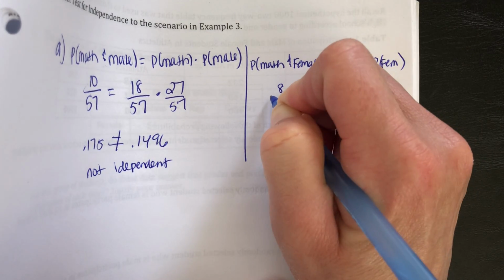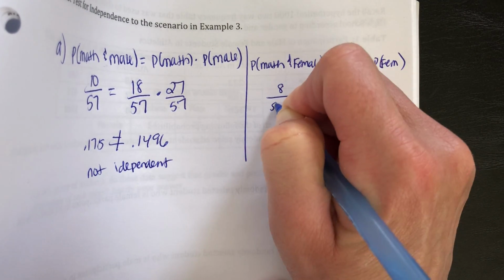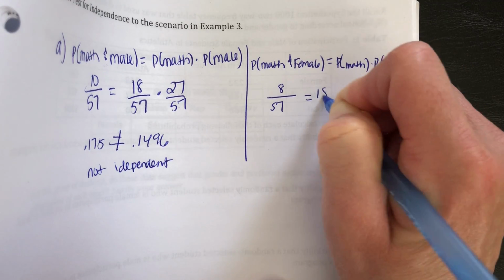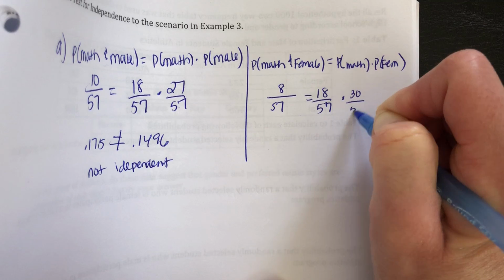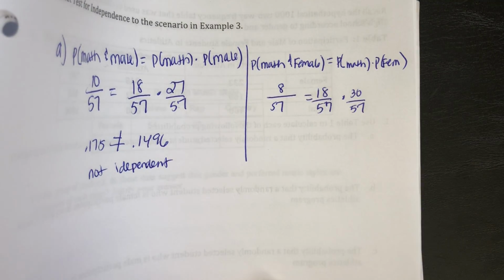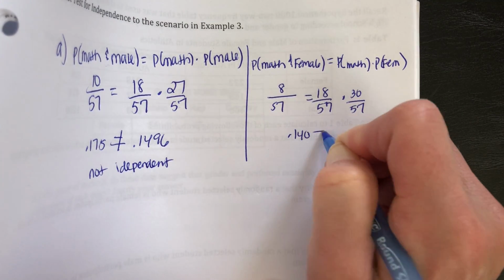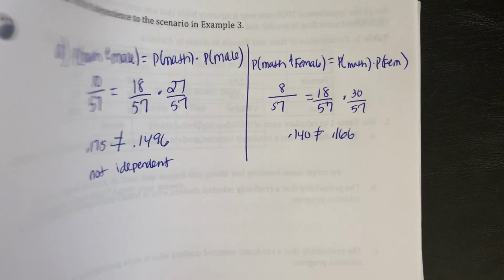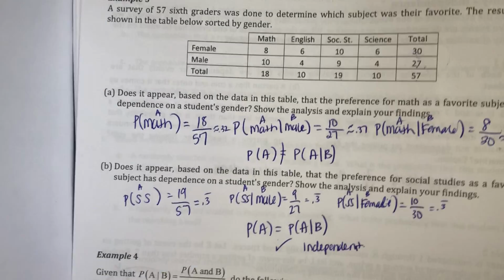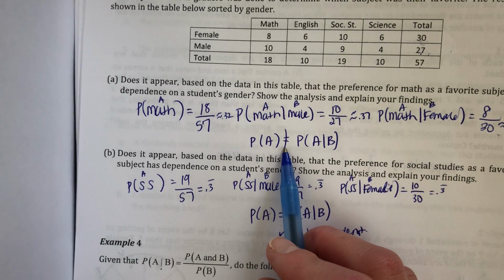There are 8 students that like math and that are female out of 57. There are 18 out of 57 students that like math, and there are 30 out of 57 students that are female. And again, what happens here is that they are not equal and they're not independent. But we already knew that answer because it didn't satisfy this formula either.